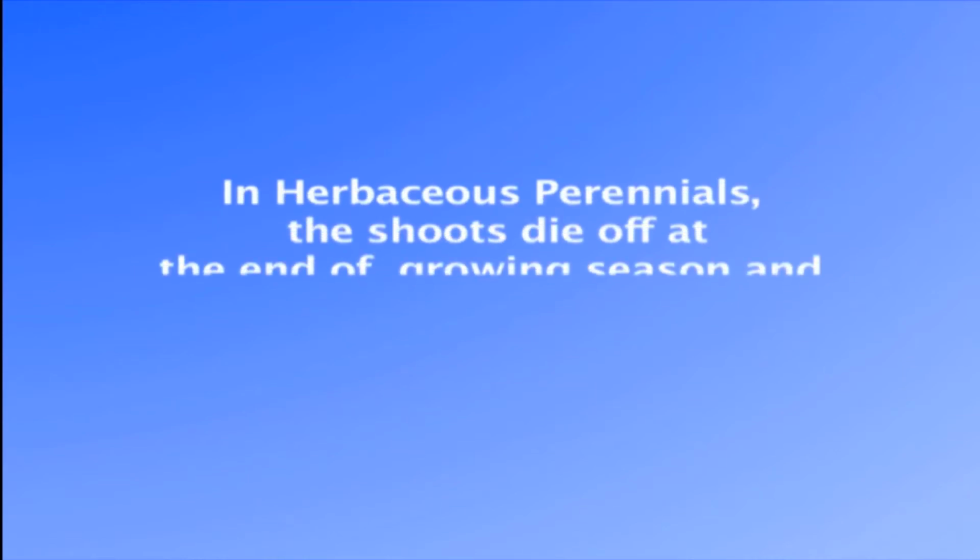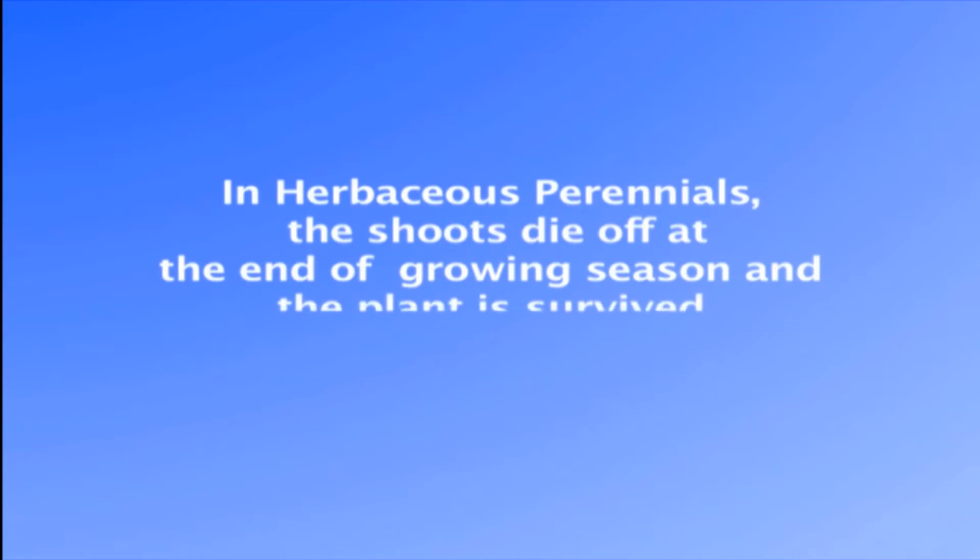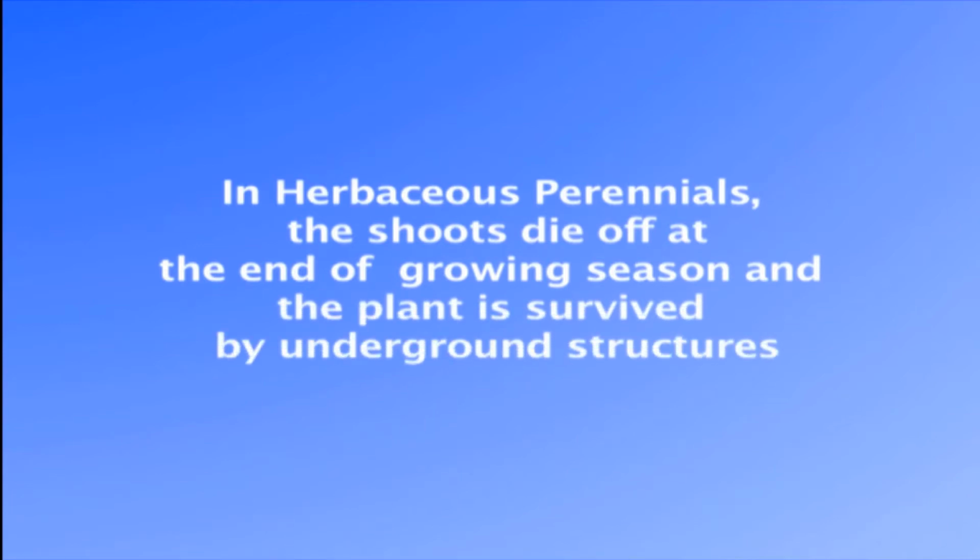Herbaceous perennials are the plants which have annual tops but perennial underground structures. In these plants, the shoot dies off at the end of the growing season and the plant is survived by underground structures. The next season foliage or shoots sprout from the underground living structures with the onset of favorable conditions.